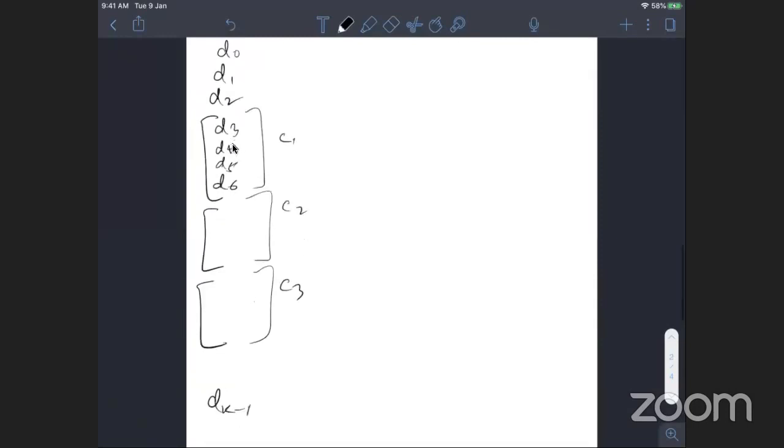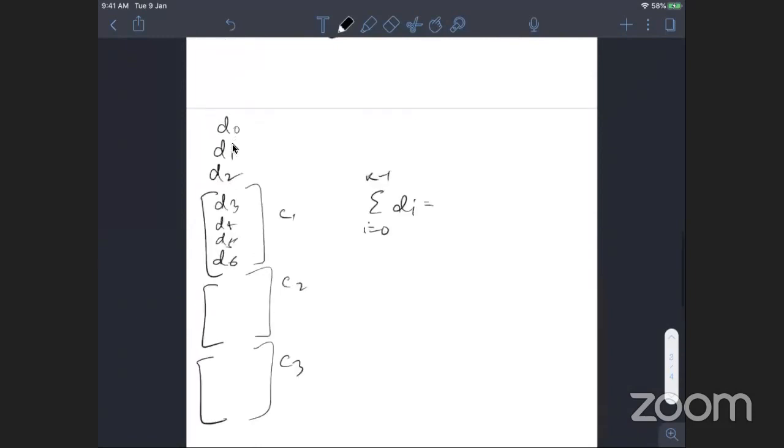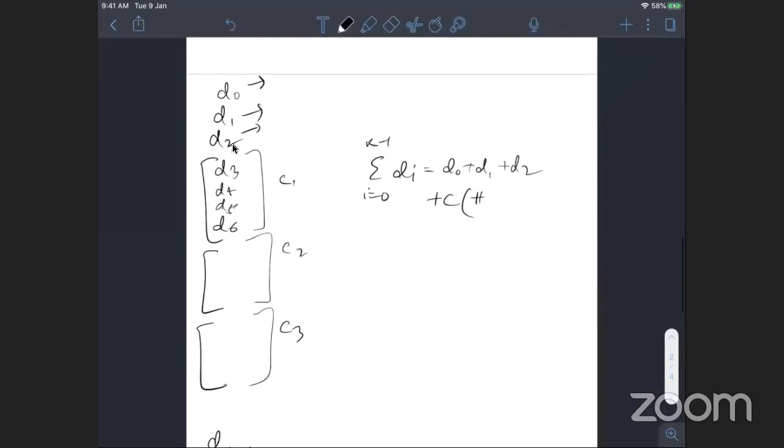So up till Dk minus 1, what will be the total sum of all the Di's from 0 to k minus 1? It will be equal to the first 3 terms, that is D0 plus D1 plus D2, plus the sum of the cycle times the number of times the cycle comes.